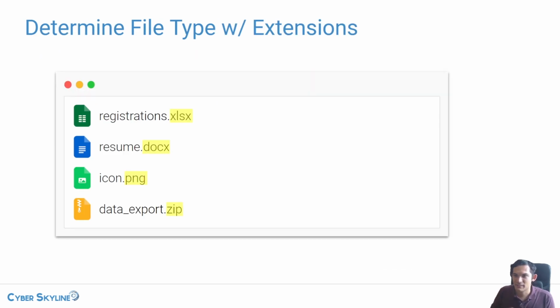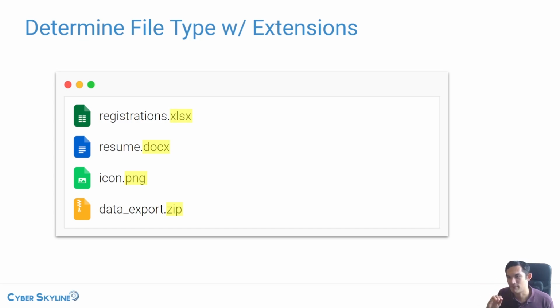So let's go over one easy method to determine the file type for a file. This is a common method, which is using the name of the file itself. You've likely seen, if you opened up Explorer or Finder on either Windows or a Mac, a view that looks kind of like this, where you have your different files.